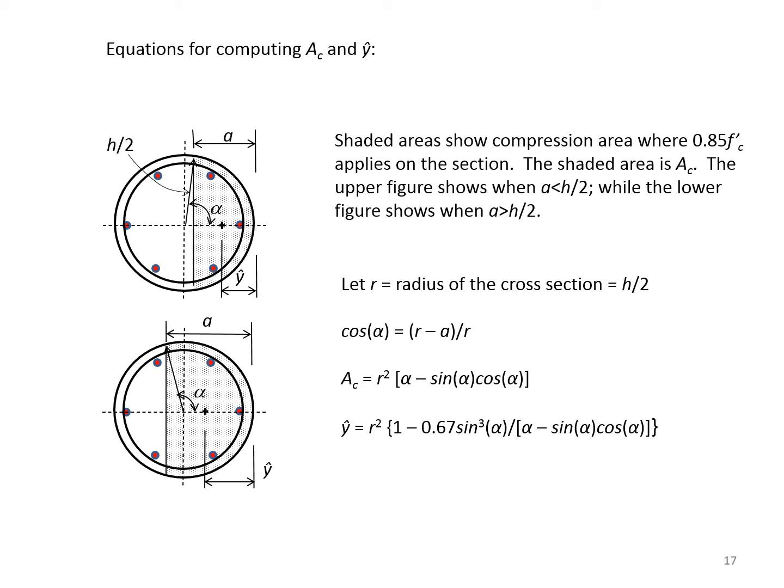Let R be equal to radius of the cross section, which is h over 2, then cosine alpha, the angle alpha is shown, can be found as R minus a divided by R. Then the area A sub c and y bar can be computed based on the two equations given. A point of caution, you must use radians in these equations. If you use degrees, you end up with wrong results.